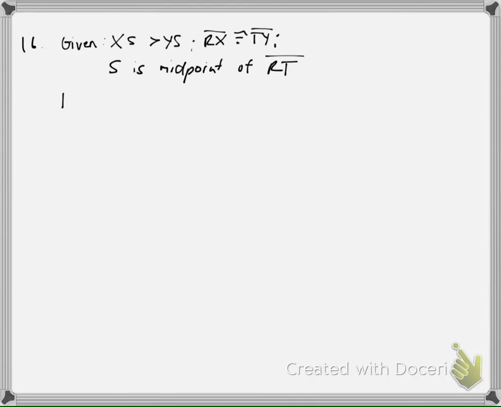And then we have to prove that the measurement of angle R is greater than the measurement of angle T.